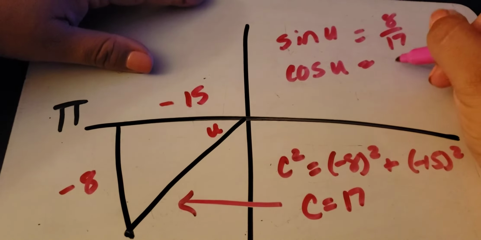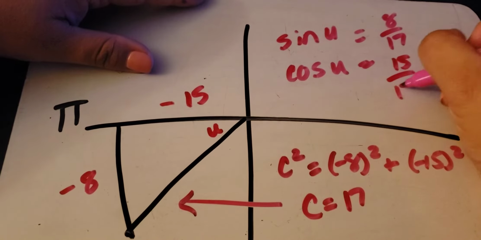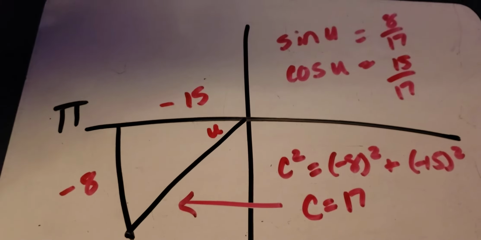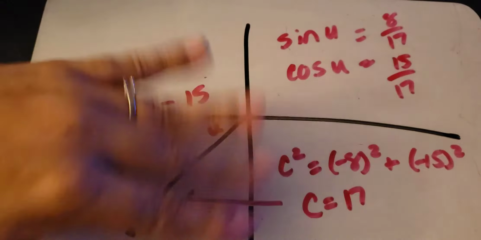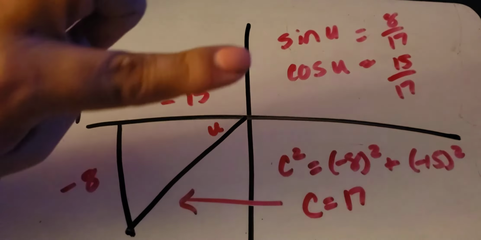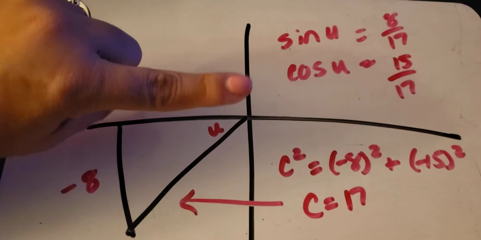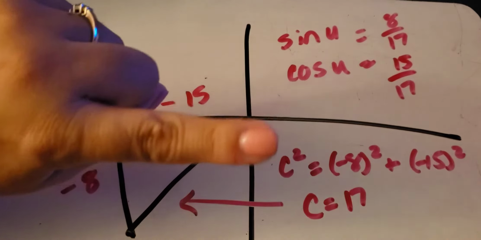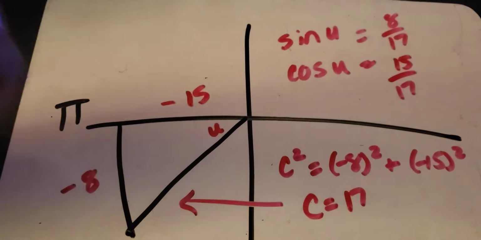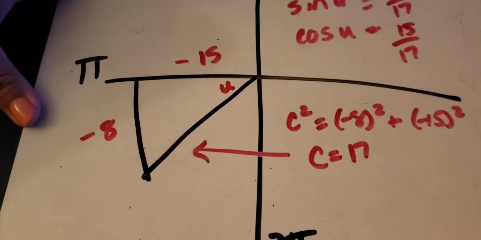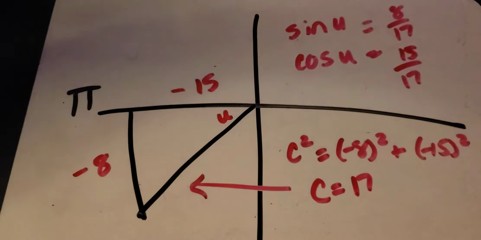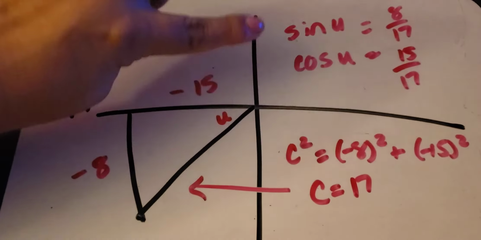And cosine of u is actually 15 over 17, okay? You'll need them in a few minutes because of the formulas, okay? So again, you need to draw a picture and you need to use the trig that's given to you to find the other two, okay?